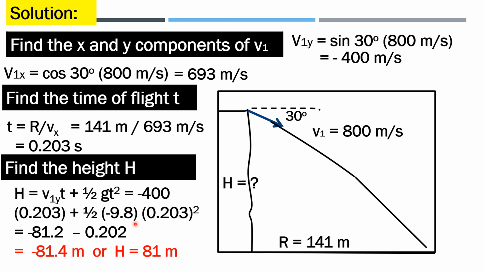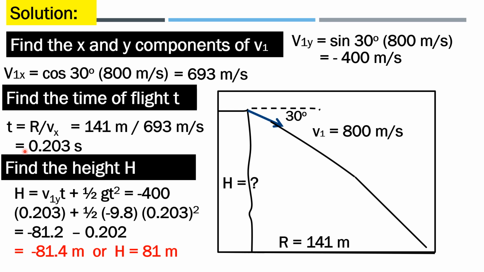Although we will be treating it also as a vector, our symbol is already the symbol for the height h. But we will be treating the downward velocity v1y as a vector quantity, as well as the acceleration due to gravity, which is negative 9.8 meters per second squared.